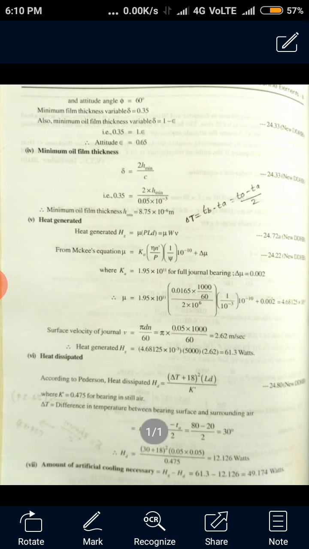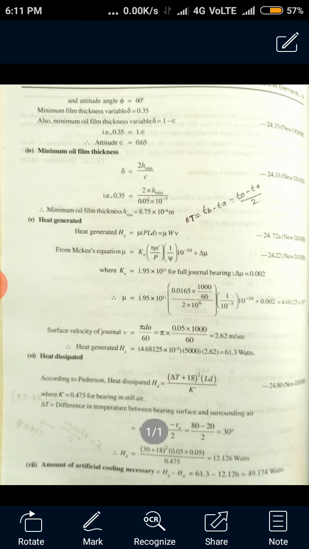So Hg equal to mu P L D into V, that is mu W into V. For that, mu we can calculate by using the Mach equation, equation 24.22, so we'll get 4.68 something into 10 to the minus 4, and velocity v equal to pi D N by 60, we'll get 2.62 meter per second. Substituting all the values in mu W v, we get heat generated 61.3 watts.